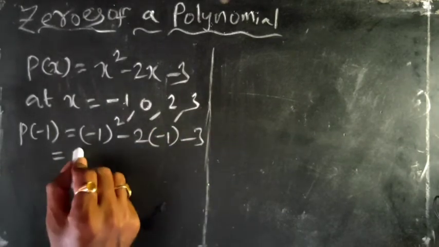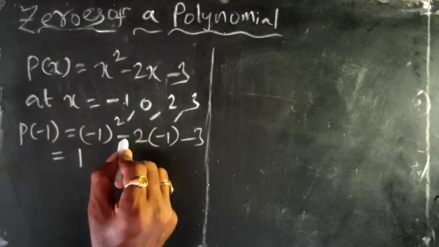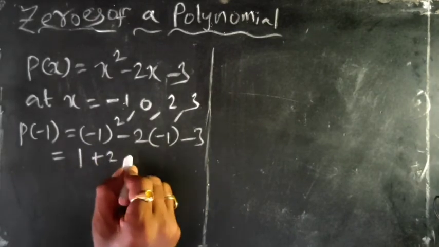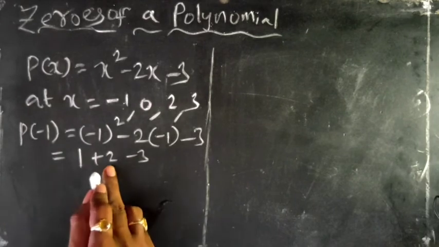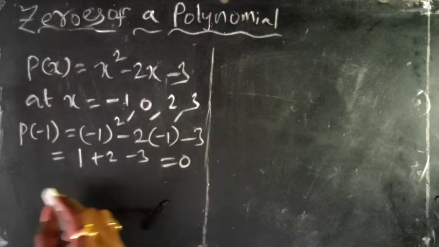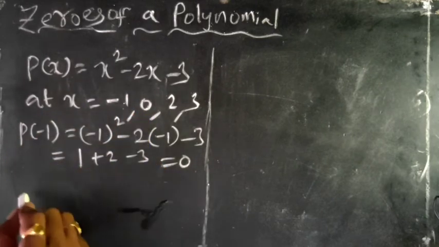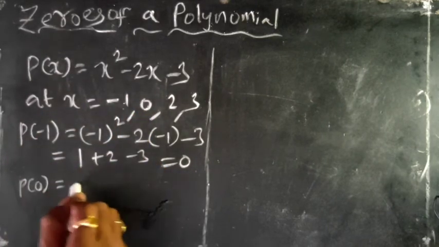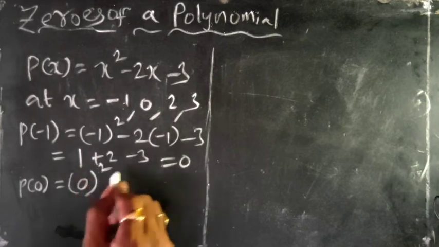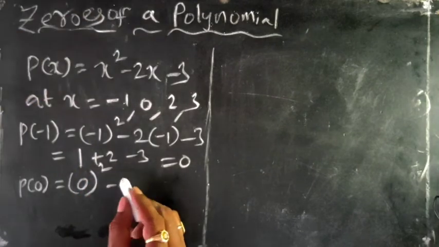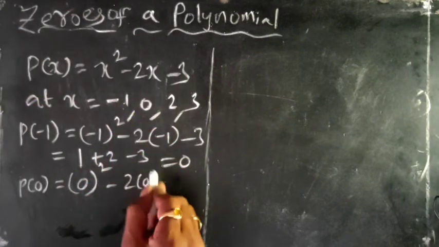Minus 1 whole square can be written as plus 1, minus 2 into minus 1 is plus 2, and minus 3. So 1 plus 2 is 3, 3 minus 3 is 0. Okay, is it clear? Now find the value of p of x at x is equal to 0, then p of 0 is equal to 0 whole square, replace x by 0, minus 2 into 0 minus 3.